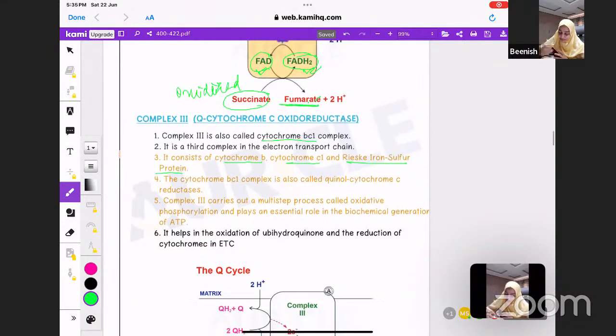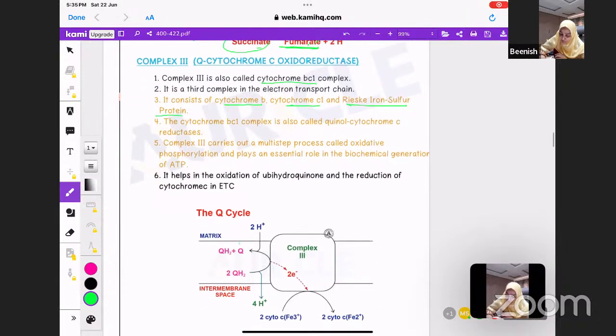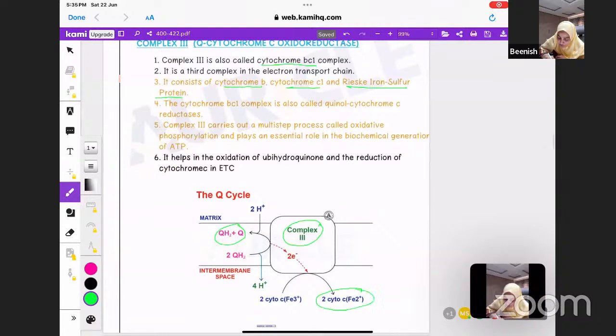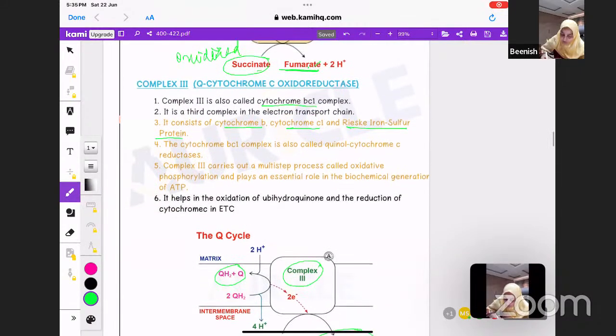Now what happens? The electrons from coenzyme Q are going to be transferred to complex 3. If I draw it more simply so you can understand, this is your coenzyme Q, and it was getting electrons both from complex 1 and from complex 2.